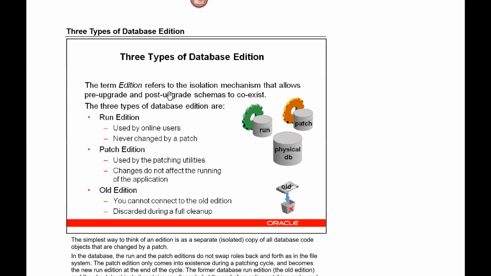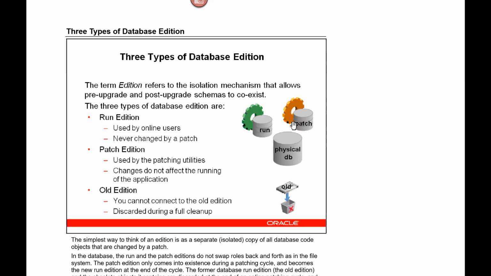The term edition refers to an isolation mechanism that allows pre-upgrade and post-upgrade schemas to exist. The three types of editions are: one, the run edition, used by online users and never changed by a patch. At any point of time, the end users will be using the run file system and the run edition of the database. Two, the patch edition, used by patching utilities.